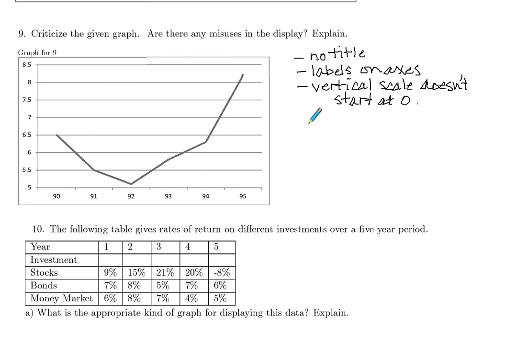But also look for cases where you would have an altered scale, either vertical or horizontal, because those can distort the graph and be deceptive, making it look like things are the way they aren't.